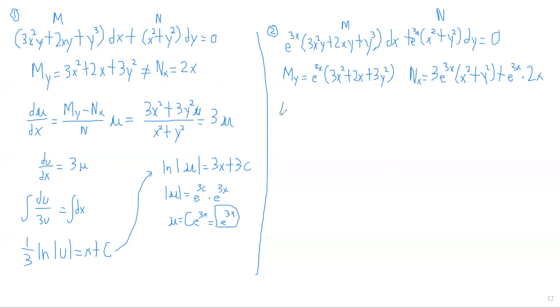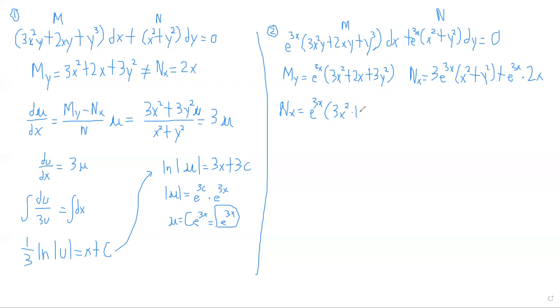N sub x is equal to, let's see, okay, let's do it this way. Let's take a factor of e to the 3x out. Here it would be 3x squared, and when you take out the factor of e to the 3x, that's 2x.